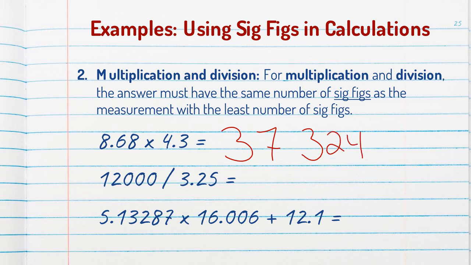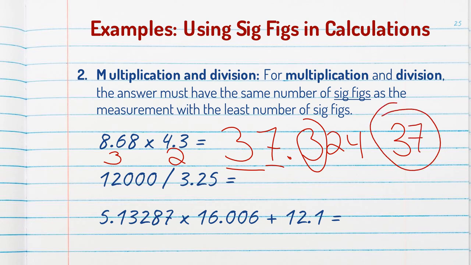Now I'm going to count my sig figs for this one. This has 3 sig figs, and this has 2. So my final answer is going to require 2 sig figs. 1, 2. I look at this number. Do I round up or down? Down. My final answer is 37. I'll let you do the next one on your own.